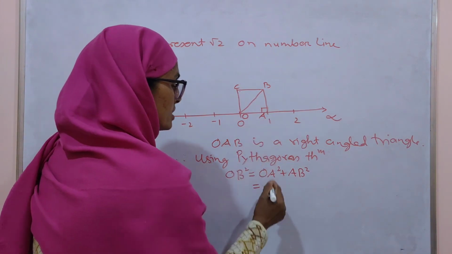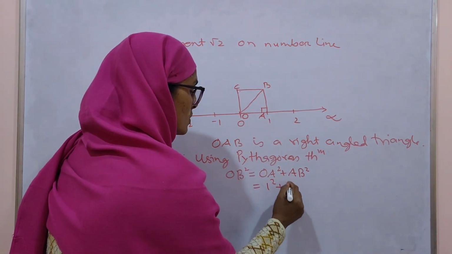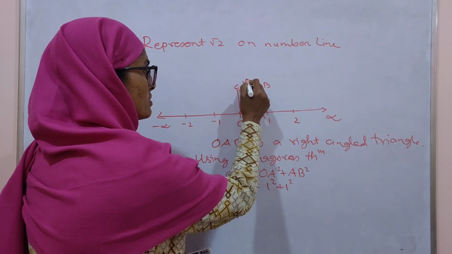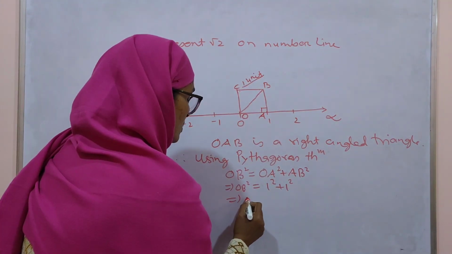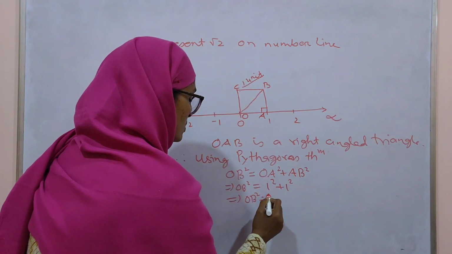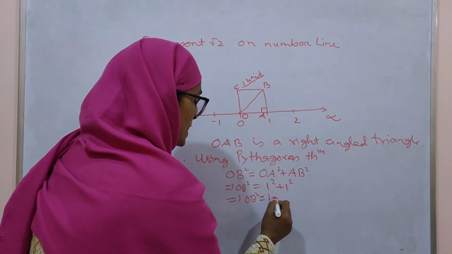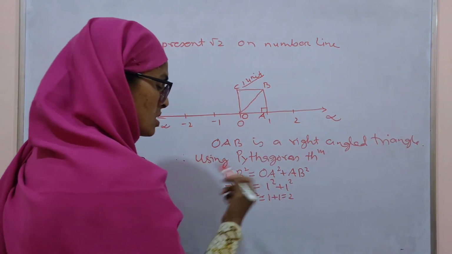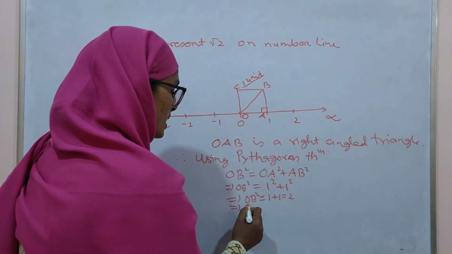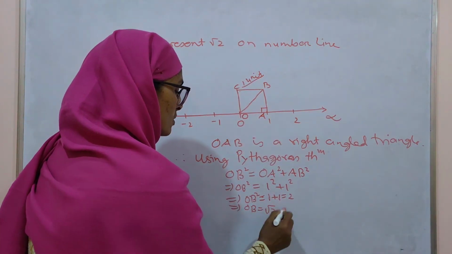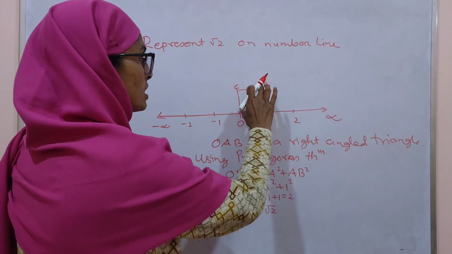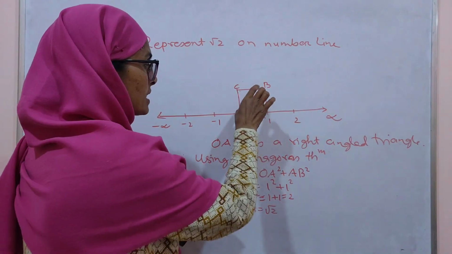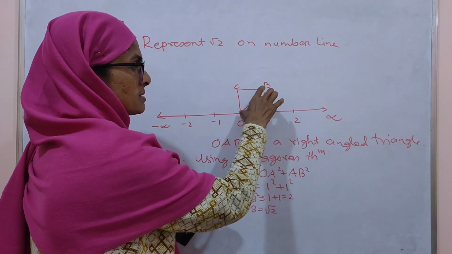OA is 1 unit and all sides are 1 unit, so OB square equals 1 square plus 1 square, which is 1 plus 1 equals 2, or OB equals root 2. Now OB equals root 2, and you will take a compass.